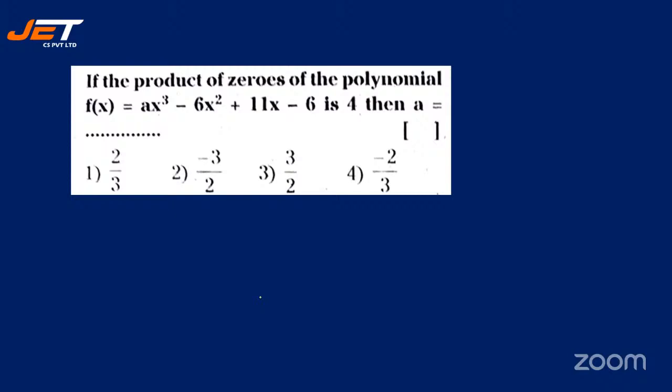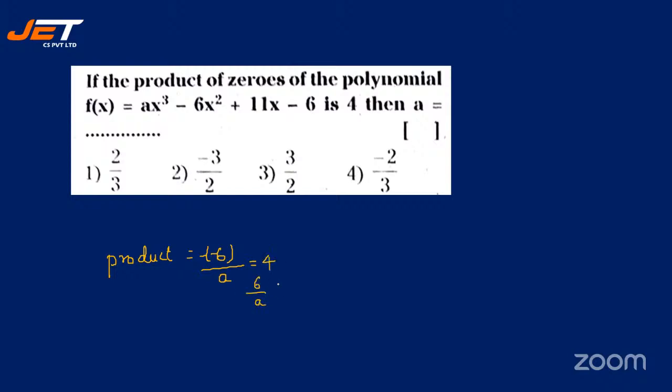Okay. All right. So here product means what? Product is minus of coefficient of x square, so it is minus of minus 6 by coefficient of x cube. Okay, is equal to, they say it is 4.